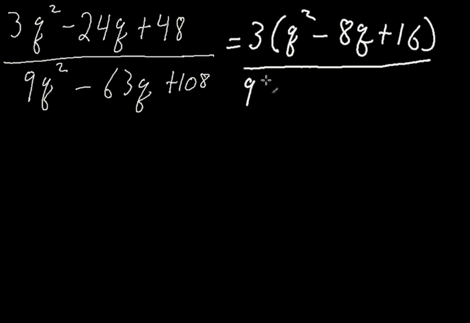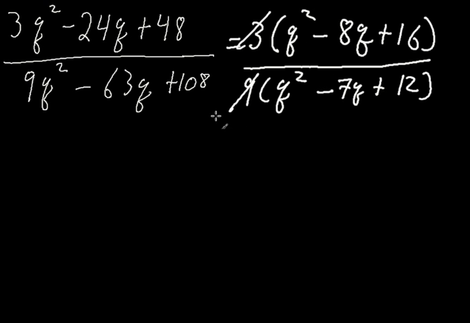And I was a little paranoid. So it should have said 9q squared minus 7q plus 108 divided by 9 is 12. Okay, now that's looking a lot better. We can cancel this 3 and turn that 9 into a 3.